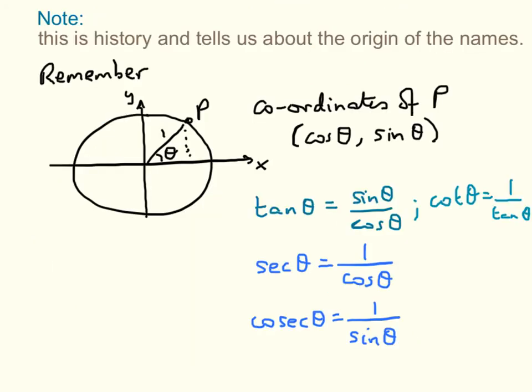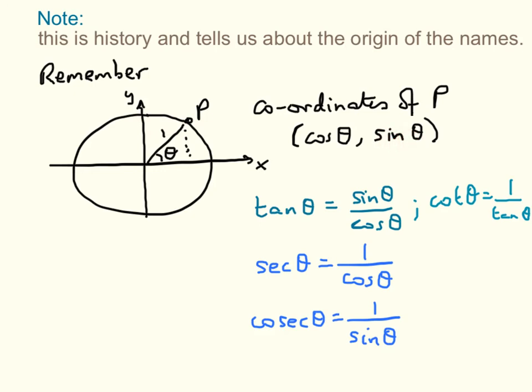So to conclude the video, what I would like to point out is that this is history, and it tells us about the origin of the names, and I think it's interesting to know this, but the way I would think about trigonometric functions is to consider a unit circle centered at the origin and say that the coordinates of the point P, the x-coordinate is the cosine of theta and the y-coordinate of P is the sine of theta.